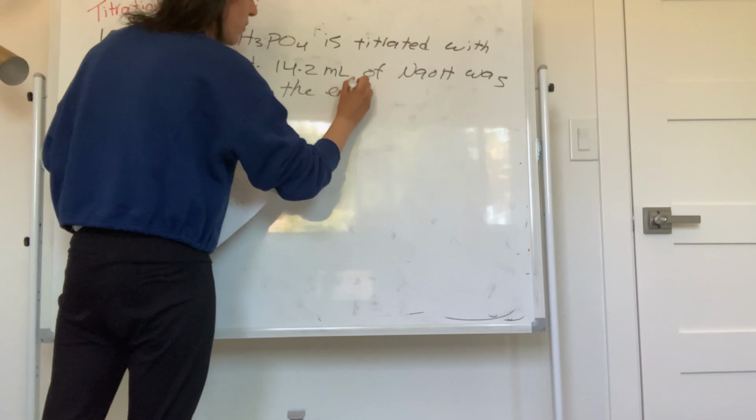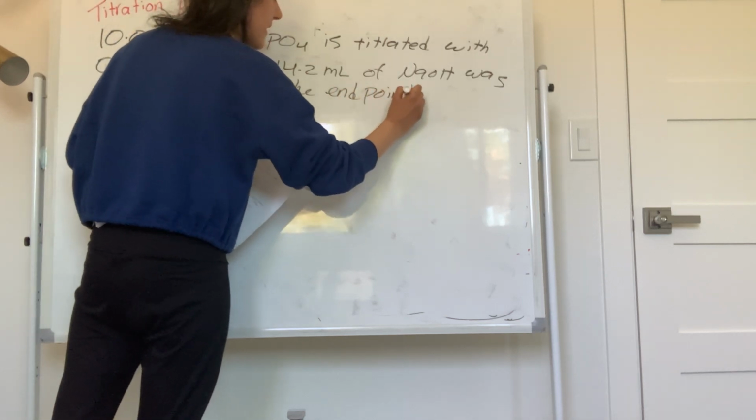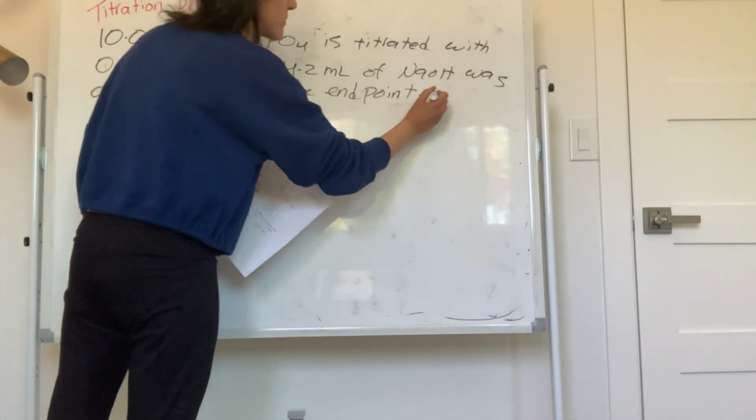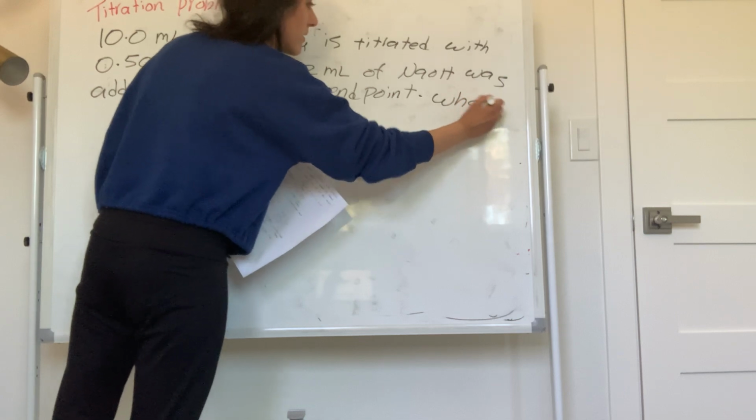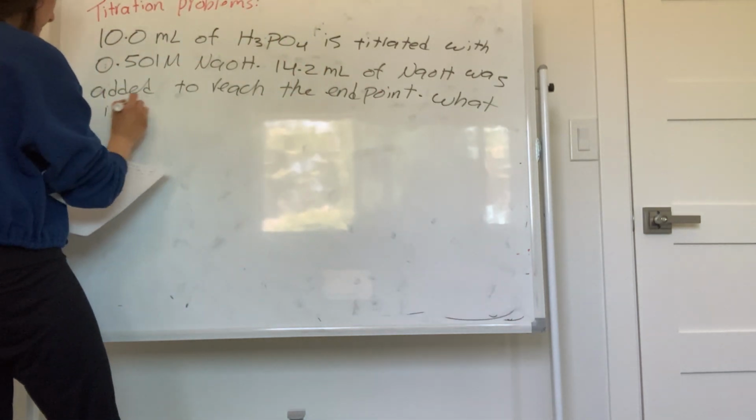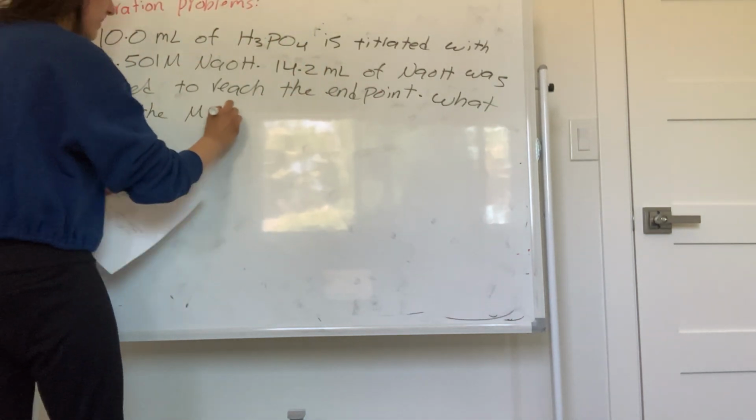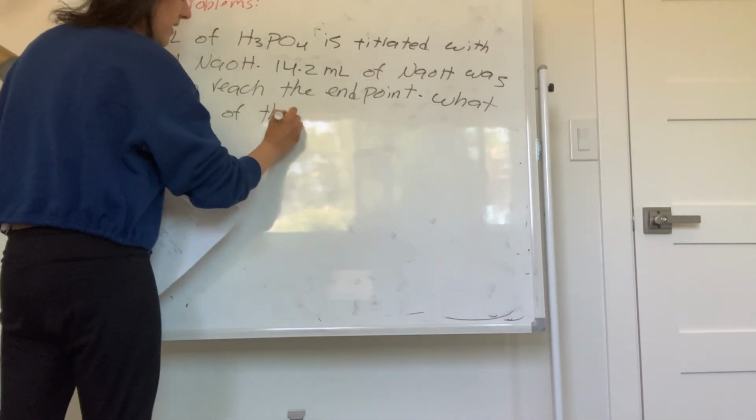Again, what's an endpoint? That's when it's going to change color, right? What is the molarity of this acid?